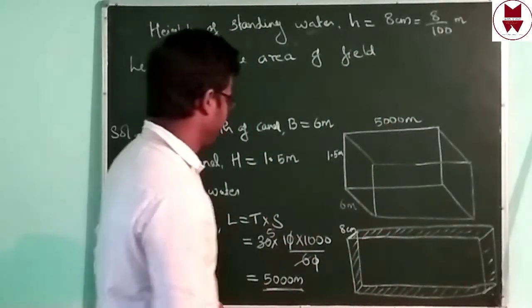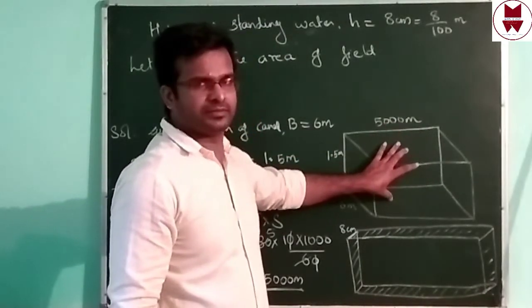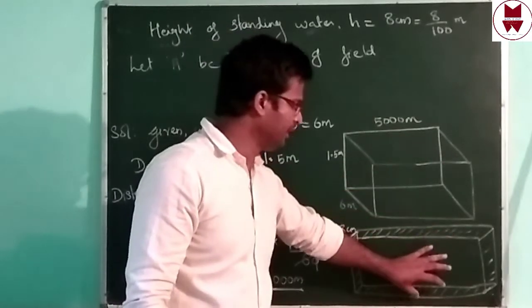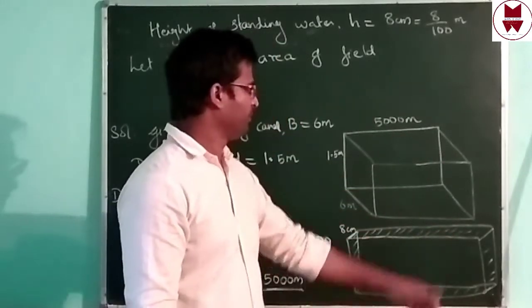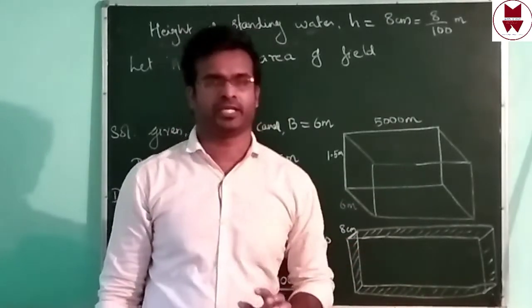Now we can see the question. From here, 30 minutes water they are using to irrigate this field. That means the volume of water in canal and volume of water in field will be equal.